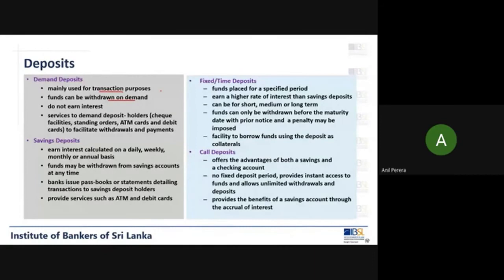Using a check. Nowadays you don't even need to have a check. You can transfer money from one account to another account in the current account, right? But the only thing, this does not earn any interest in the demand accounts. Current accounts, you don't have any interest paid.